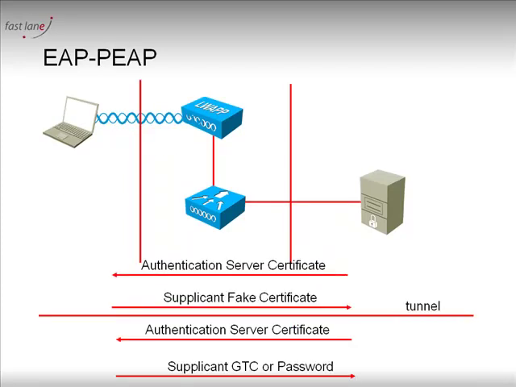So with EAP-PEAP, we pretend that we are doing EAP-TLS because EAP-TLS is very secure. So when the EAP process starts, the authentication server sends a certificate. So the authentication server needs to have a certificate. And the client in EAP-PEAP pretends that it is doing EAP-TLS and returns what looks like a certificate.